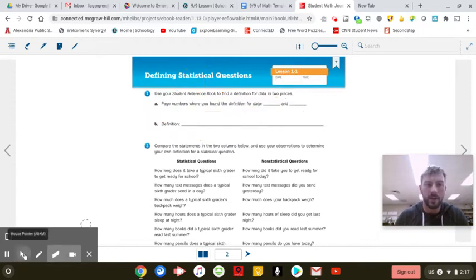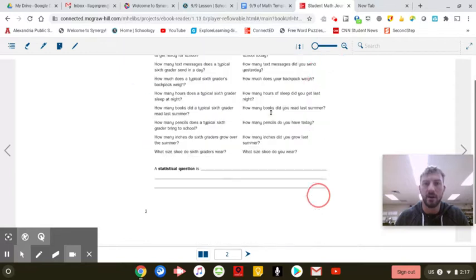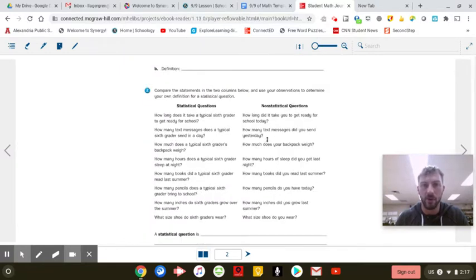Number 2 says, compare the columns and the statements below, and use your observations to determine what a statistical question is. So if I look at these, I'm looking for things that stand out to me from one column to the next. If I look at statistical questions versus the non-statistical questions, ooh, that's a mouthful, what sticks out to me?